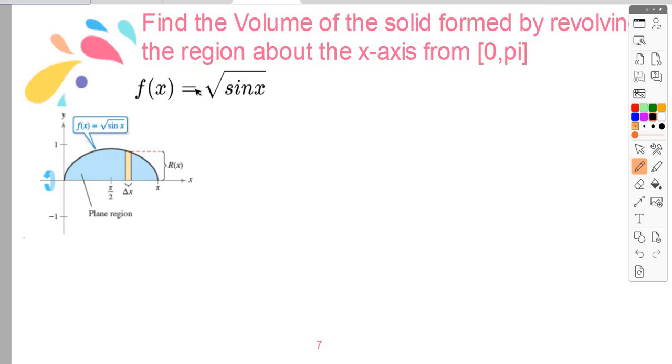So, this is what our graph looks like. We are rotating around our x-axis, which means that our full disk is created by going there, which is why I can create my R, which is what they have drawn, going from my x-axis to the top.